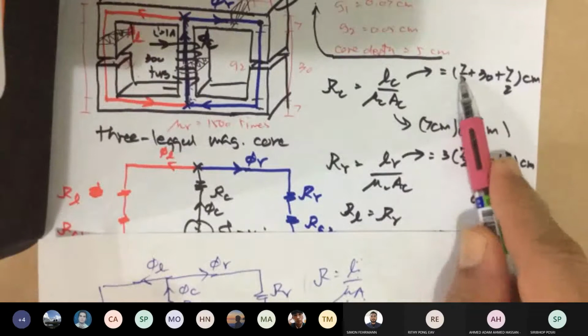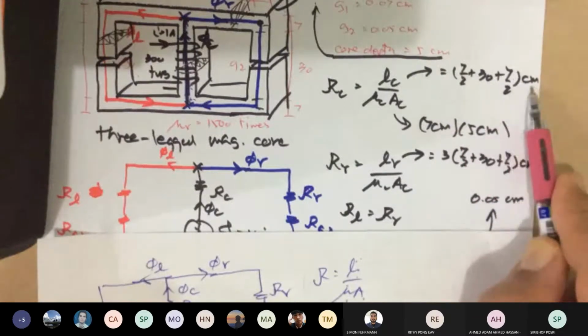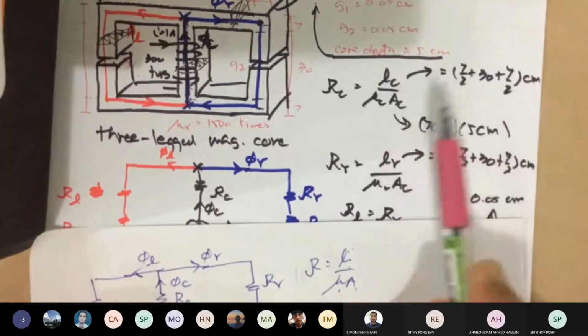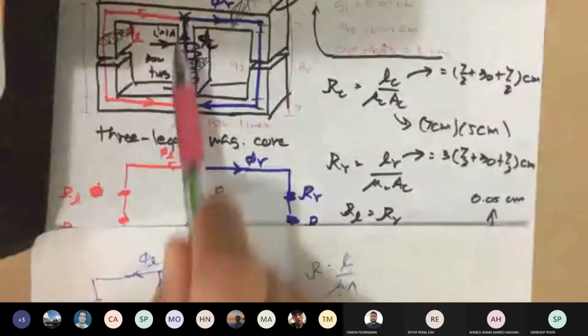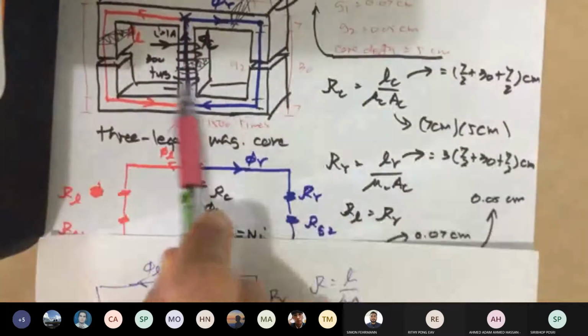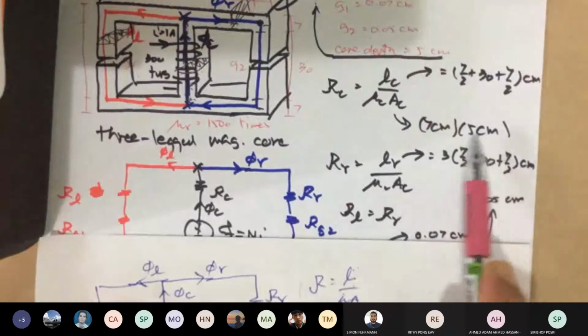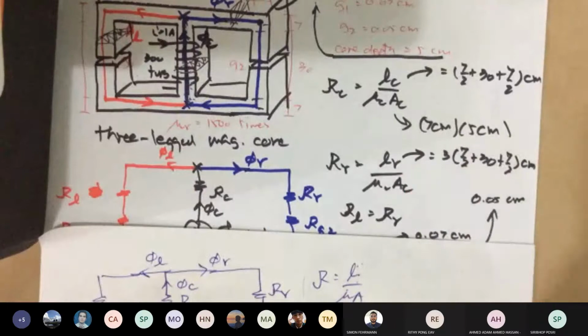Half of the bottom, 7.5 plus 30 plus 7.5 in centimeters. So that's the length, LC, the center length. AC, the center cross-sectional area. You know the dimension here, which is 7. The depth is 5, so 7 times 5, all in centimeters. Okay, so that's what you have.